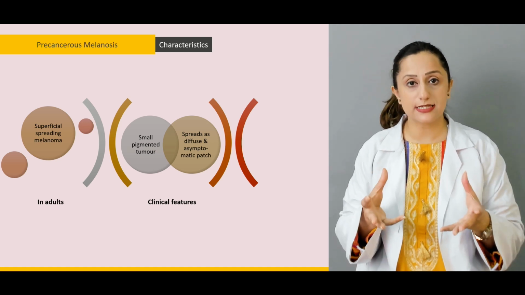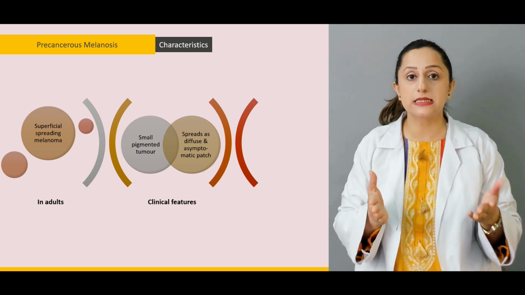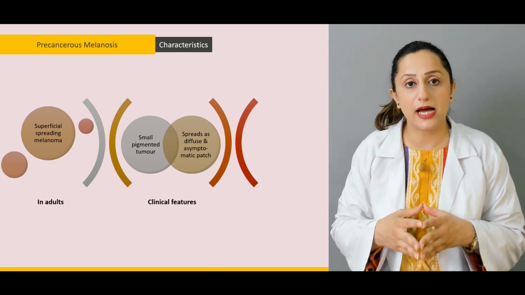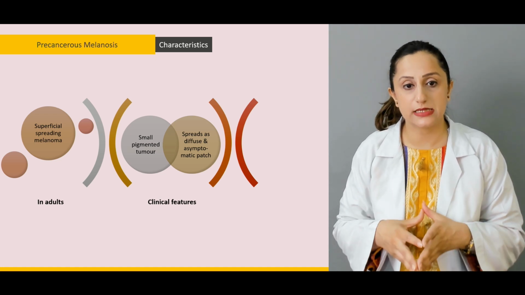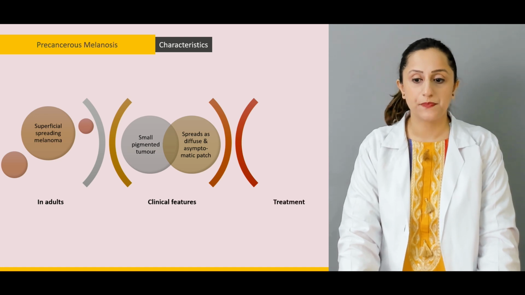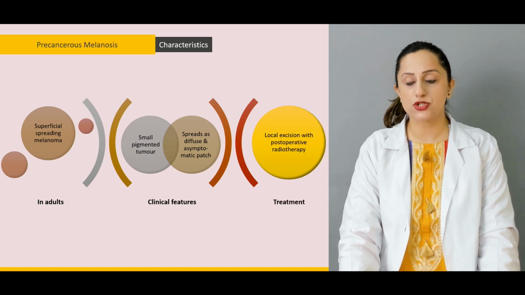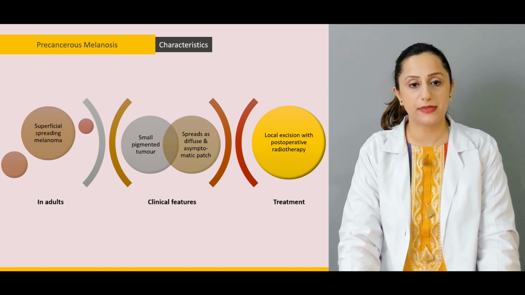It's not a cyst. We can usually differentiate it from the pigmented cysts or from the pigmented patches. It's usually a diffuse patch that is present, and that is the main characteristic over here in the melanomas. The treatment would consist of a local excision with post-operative radiotherapy that is given to such patients.